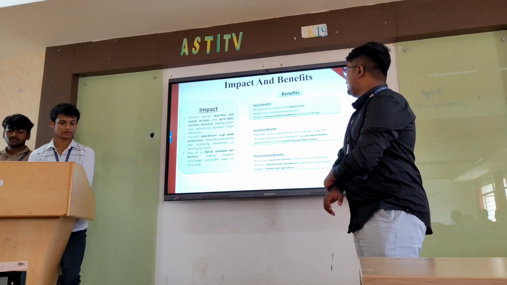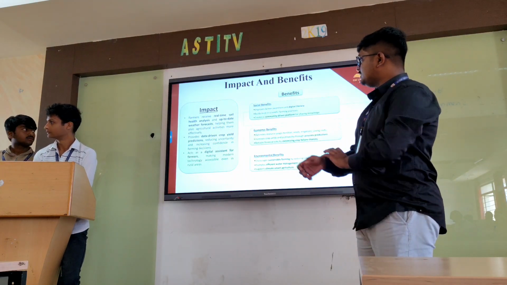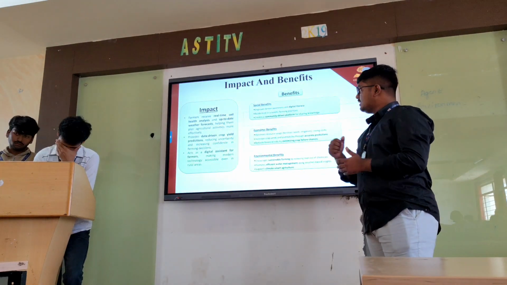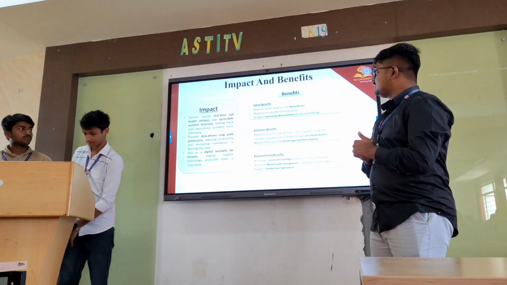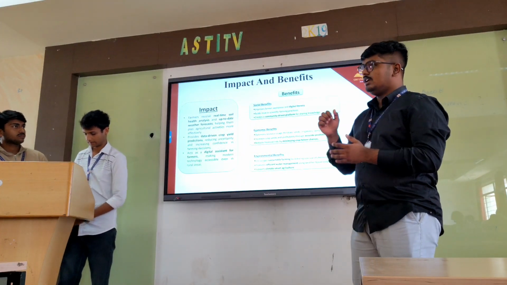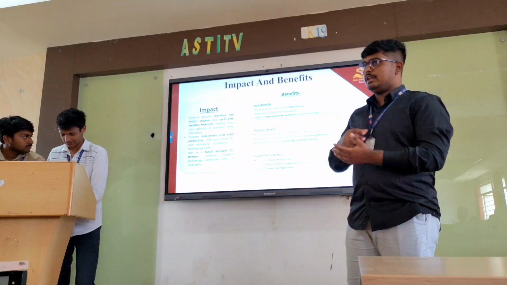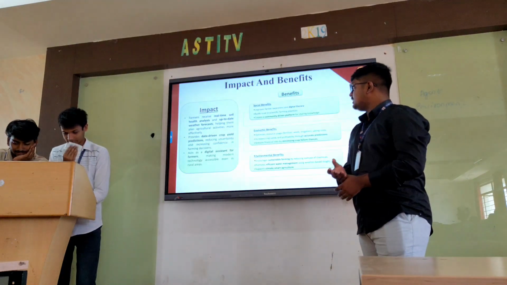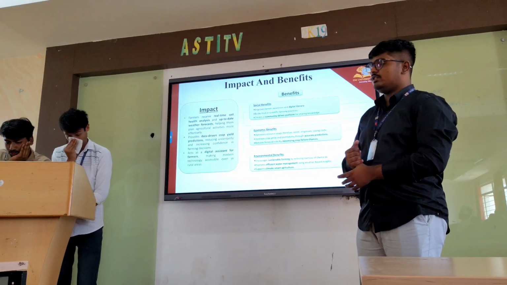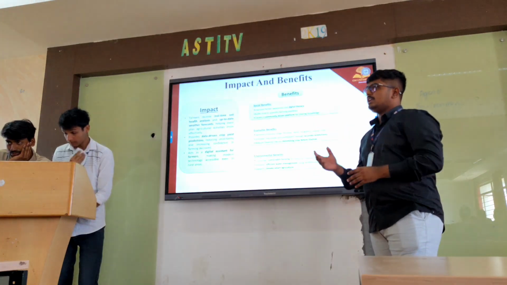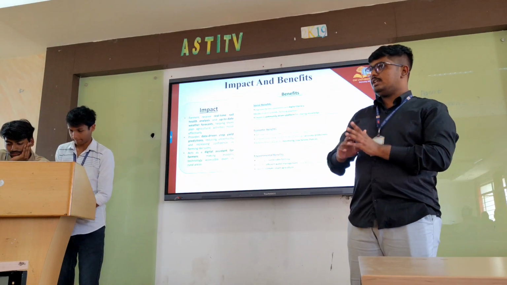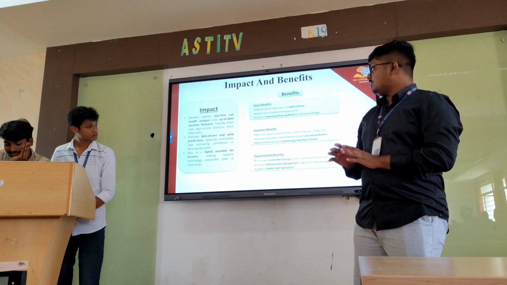I'm going to talk about impact and benefits. Farmers will receive real-time analysis based on IoT devices and up-to-date weather forecasting using weather API keys, which helps them plan their planting and agriculture activities more effectively, like how much water to give or not based on the weather.